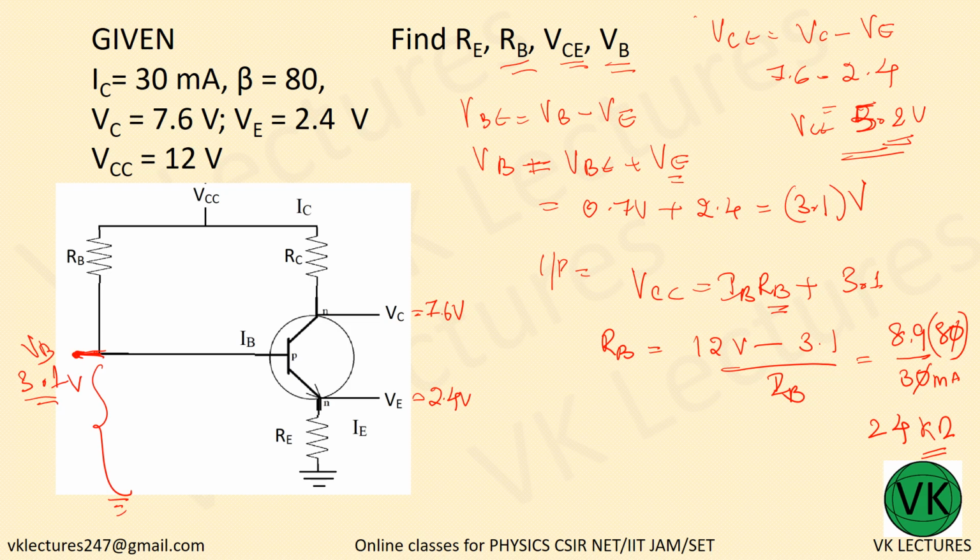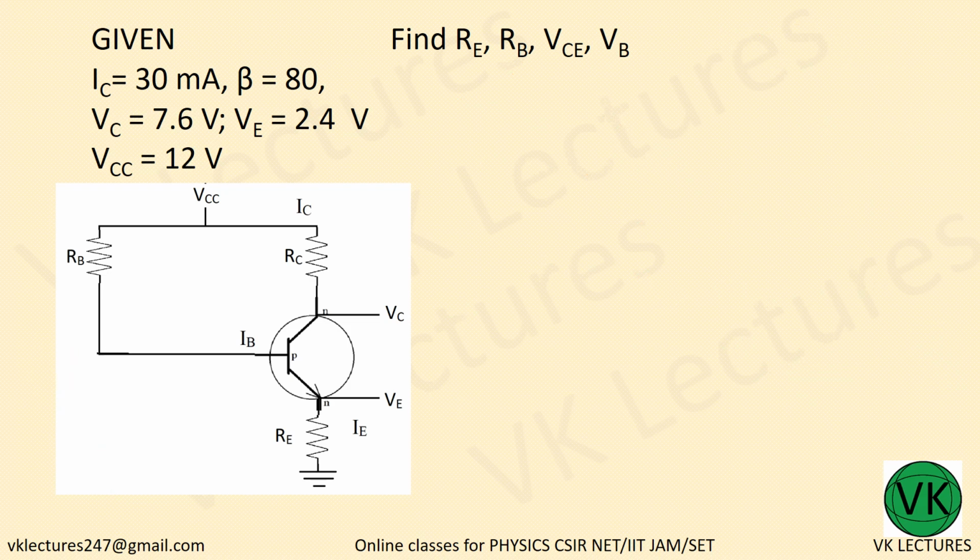So now to the output. RC is equal to this voltage drop divided by the current through RC, that is IC. So VCC minus VC divided by IC. What is VCC?